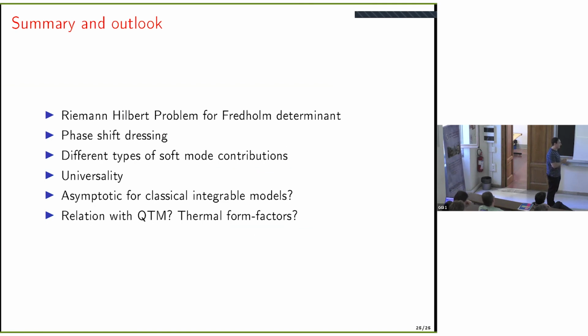Depending on the system, whether you're on a lattice or not, there are different types of these contributions. In the best case scenario, just one term, but it always happens. And I believe these results are quite universal.